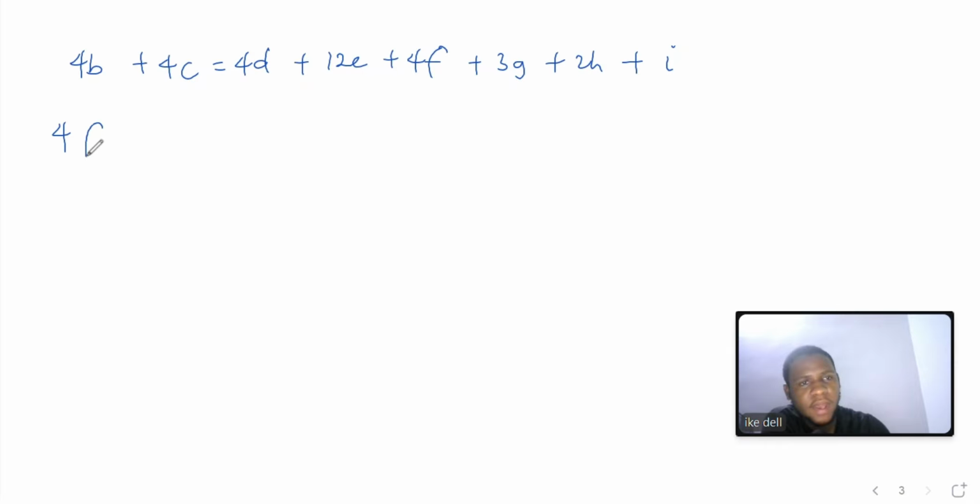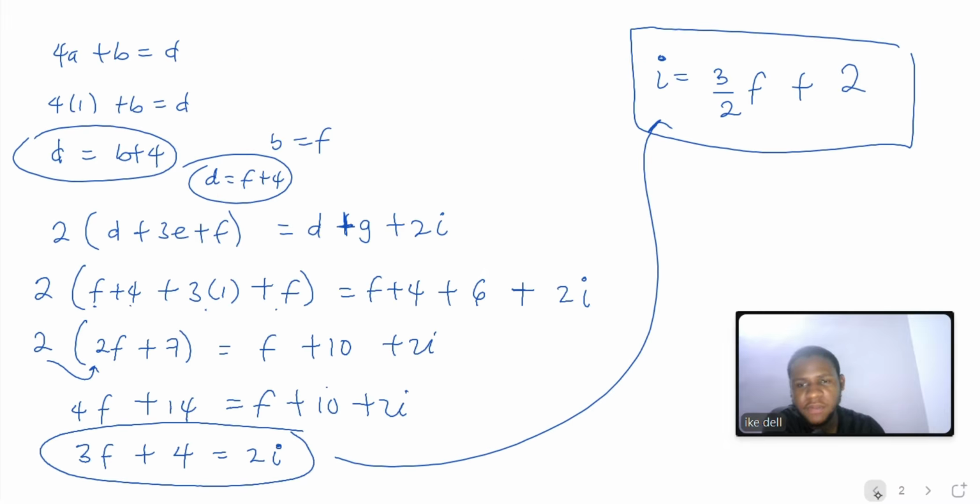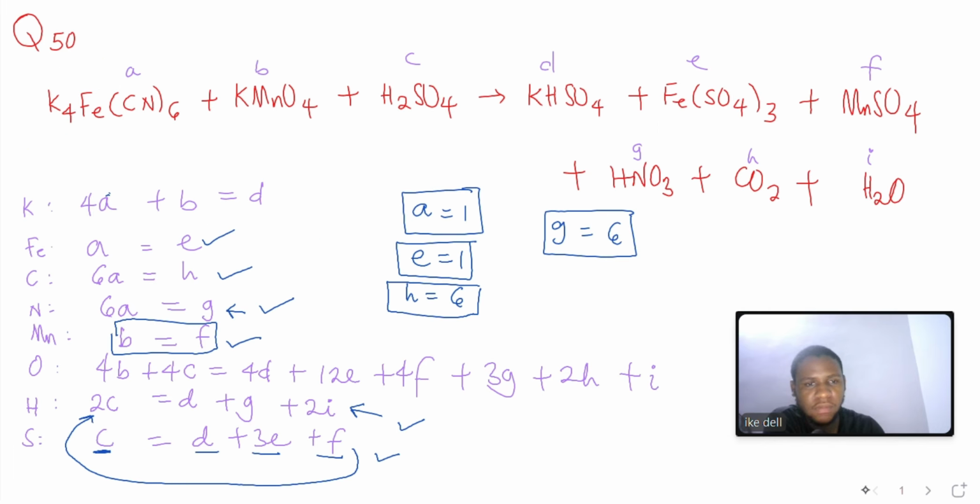So we have 4f plus 4c. Okay, so I'm having a 4c there. C is actually all this. This is all that I have for c. So maybe I should replace it, or I should just leave it there.